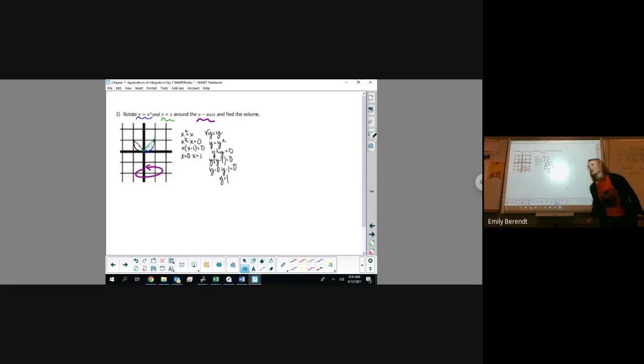Well, they're not called Venus flytraps on Mario, but yes, it does look like a Venus flytrap. All right, so we're revolving that. Now our washers are going to go sideways. So this time, your big R of x is all the way to the right end, and your little r of x is on the green. This is why I always like to draw it bigger.